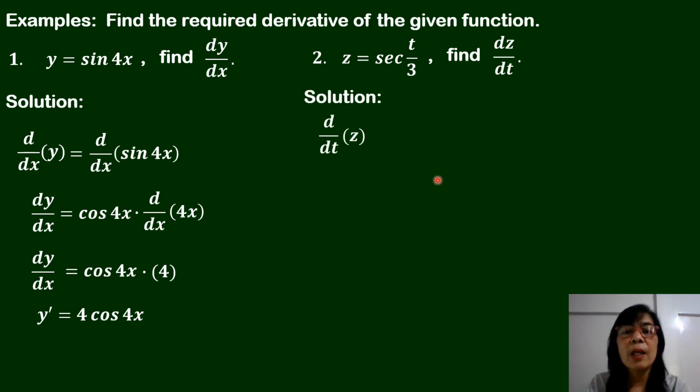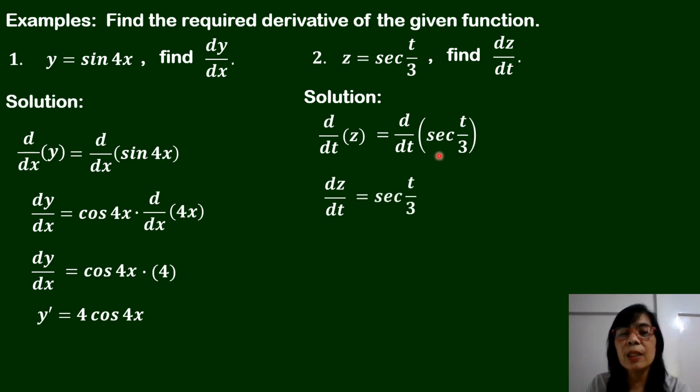So we have here the derivative of z is equal to the derivative of secant t over 3. As we write the symbol for the derivative, take note we have our d over dt. So we have now dz over dt, or the derivative of z with respect to t, is equal to, then we have the derivative of secant angle is equal to secant angle times tangent angle times the derivative of the angle.